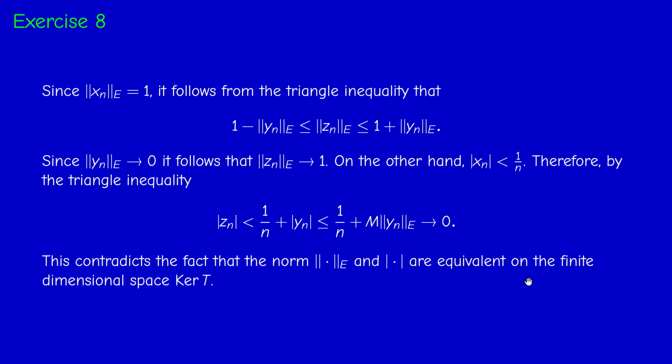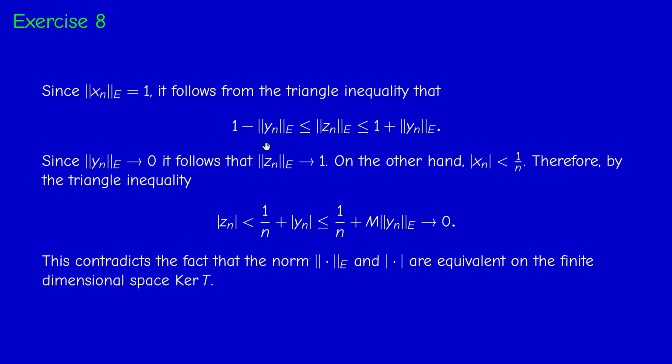And this is the contradiction now, because the first norm, let us call it norm E, and I will call this the second norm. The norm E of zn tends to 1, and the second norm of zn tends to 0. So this means that they cannot be equivalent. Okay?